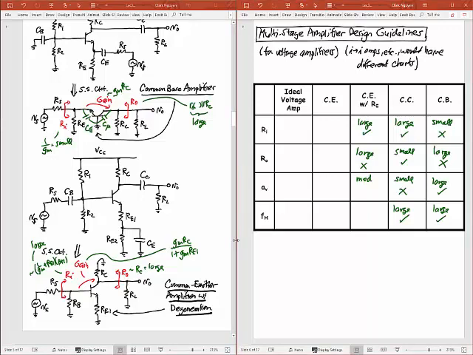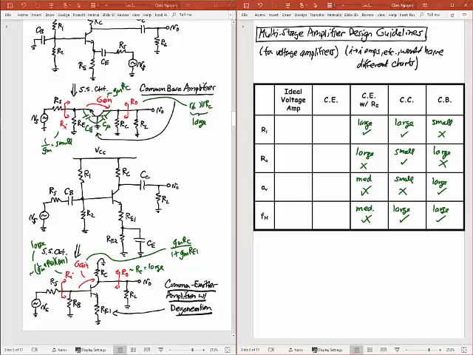So I'm going to say this is medium. Okay, and so I'm going to put a check mark with a hash on it, which says it's not quite good, it's not quite bad, it's medium gain that I'm getting out of this thing. And then finally, as far as frequency response is concerned, because I have medium gain, I am amplifying the C mu through the Miller effect there, but it's not a big gain, so it's not amplified that big. And so I would say that it has medium frequency. So I'll do that, check mark with a hash mark there.